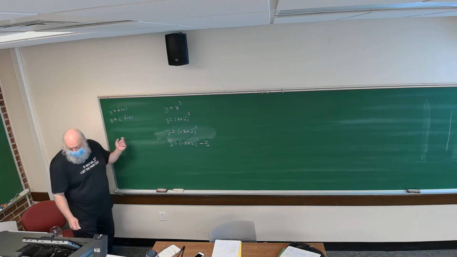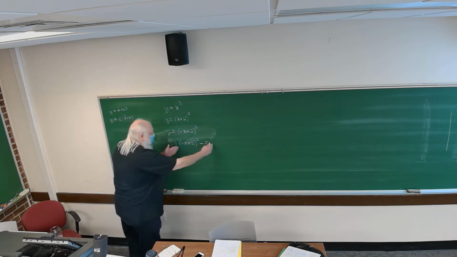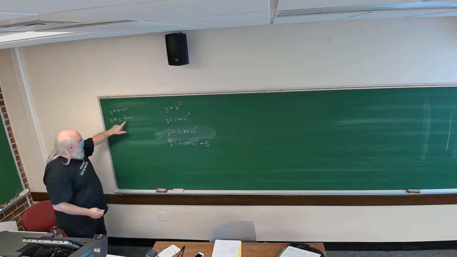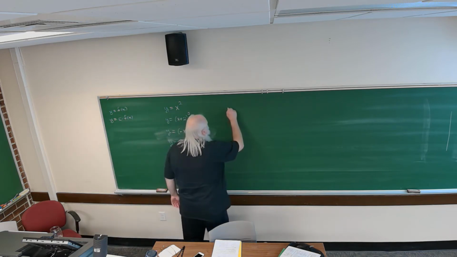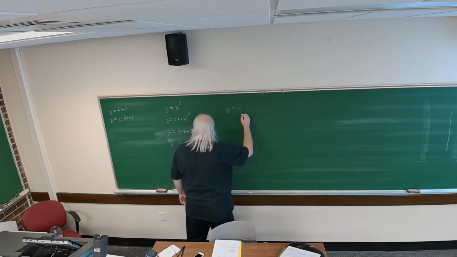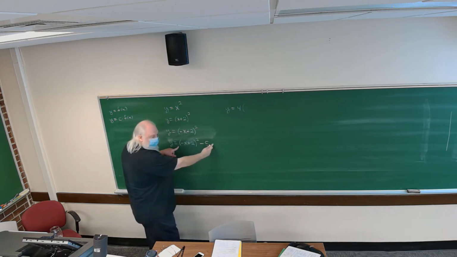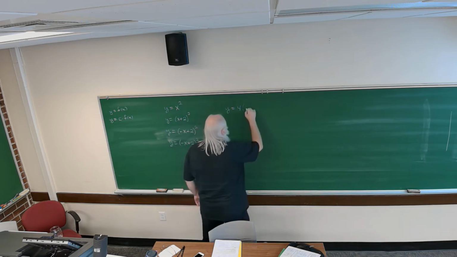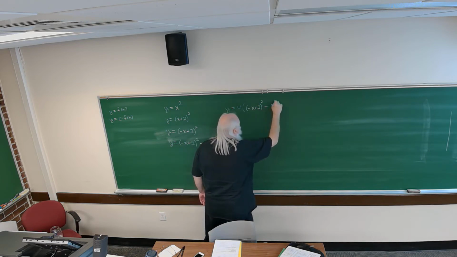Well, we're going to scale by a factor of 4, so we have to multiply the entire right-hand side by 4. Not just this first term, the entire right-hand side, right? The entire function gets multiplied by c. So we have y is equal to 4. I have to put parentheses around this, so I get a second set of parentheses. 4 times minus x plus 2 squared minus 5.